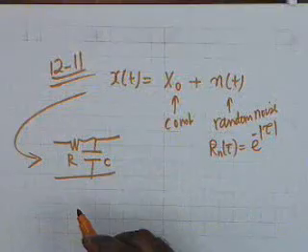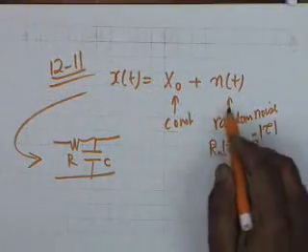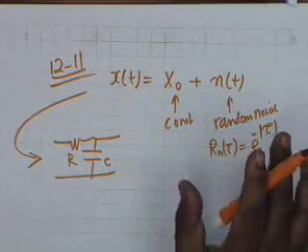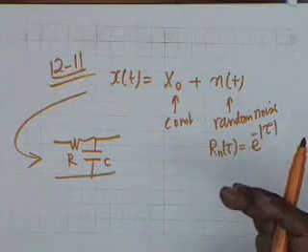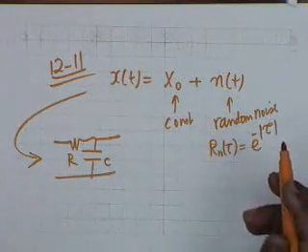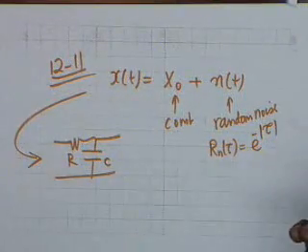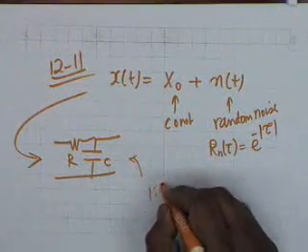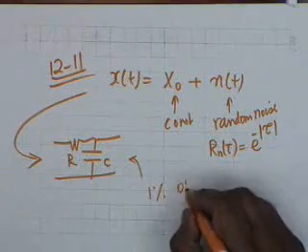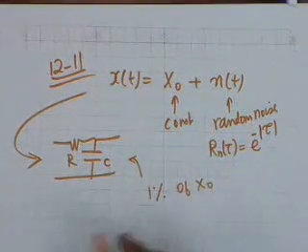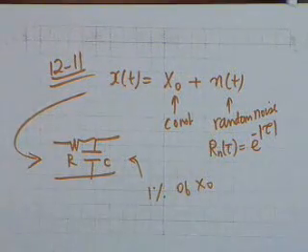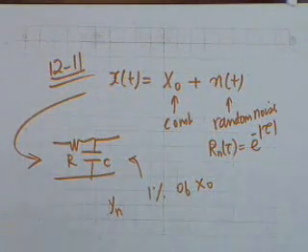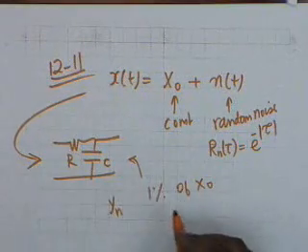If the noise at the output of the filter, that is the output due to n(t), since it is a linear time invariant system, the outputs can be isolated from one another. If the noise at the output of the filter is to have an RMS value of 1% of x naught, and the noise output of the filter is yn, then what does this represent?